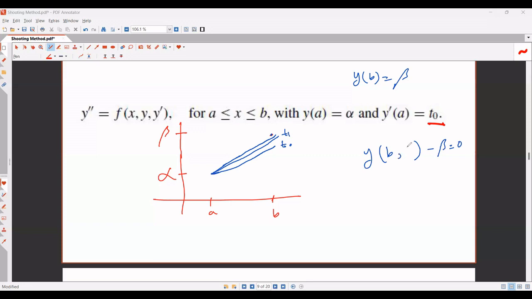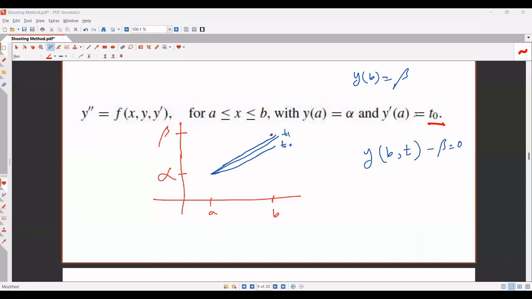But then again, our equation now involves a new parameter. That is why we're writing a t here. You are going to get different y at b for different t. So t is a new parameter now. Just like this drawing, if you start with different values of t, you are going to end up at different values of y at b, right?